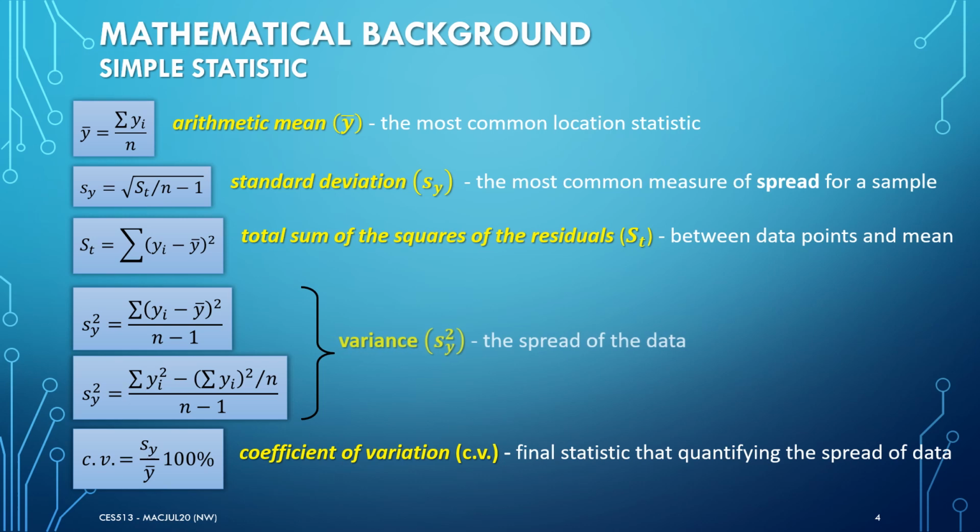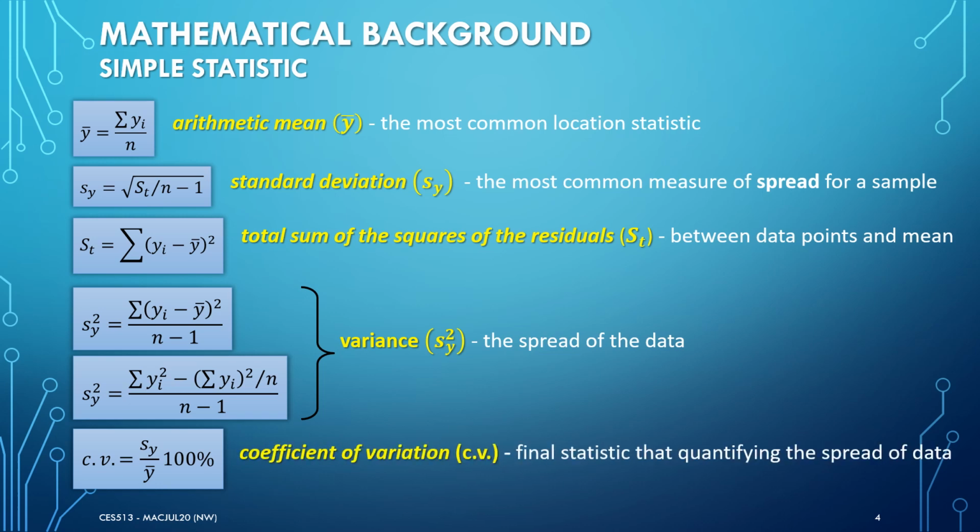Right, the next one is the variance. The spread of data can also be represented by the square of the standard deviation, which is called variance. The quantity n minus 1 here is referred to as the degrees of freedom. Hence, the ST, or the total sum of the squares of the residuals, is said to be based on n minus 1 degrees of freedom.